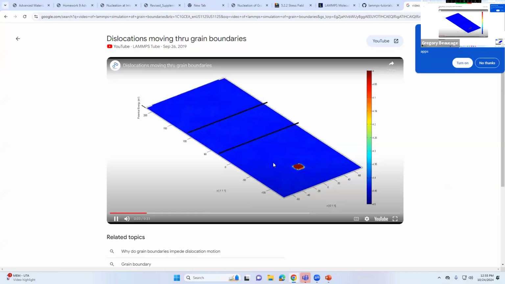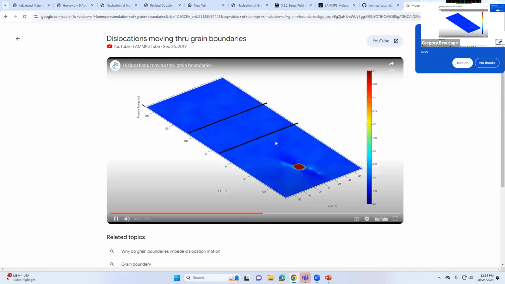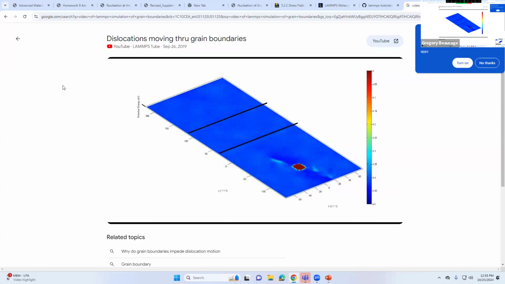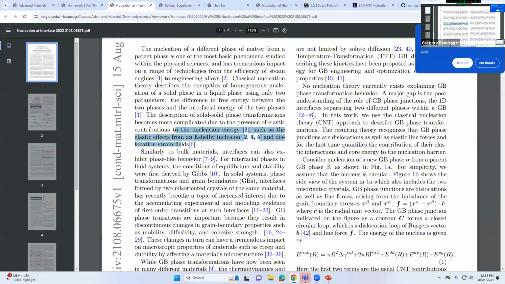It was like a nucleus. This is almost exactly the same thing, right? He's making a different phase nucleus here. And is it growing or not? It might even be the same people. I don't know who did this. Anyway, you can do something fancy that people will watch. LAMMPS is pretty easy to do. Anyway, so that's that business.